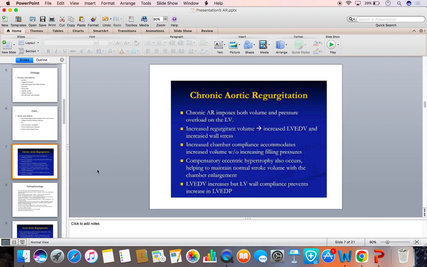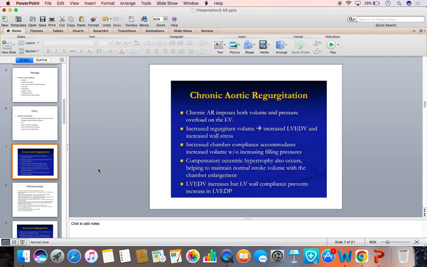The sum of the regular ejection volume and the added regurgitated volume results in the increased stroke volume. This results in a rise in the systolic pressure and an increase in the afterload.